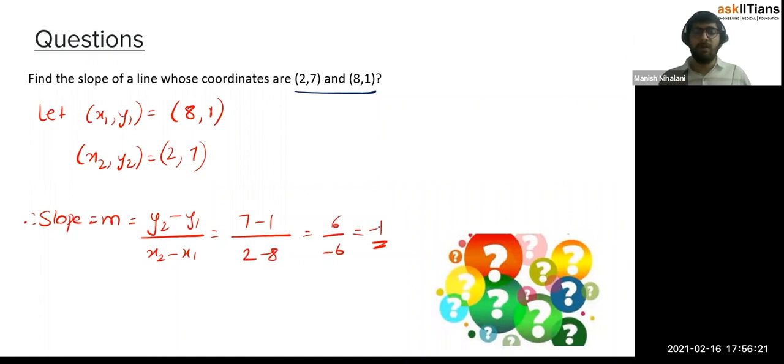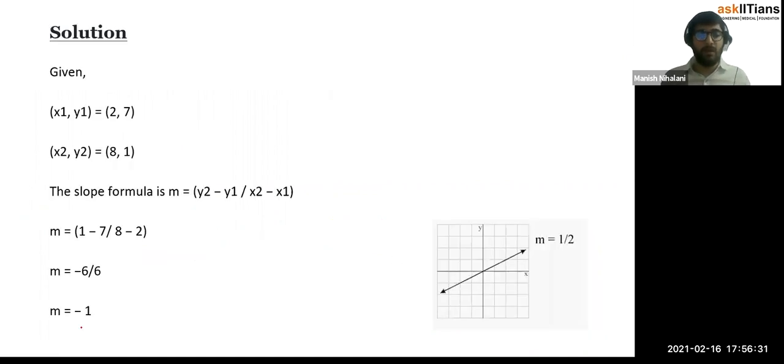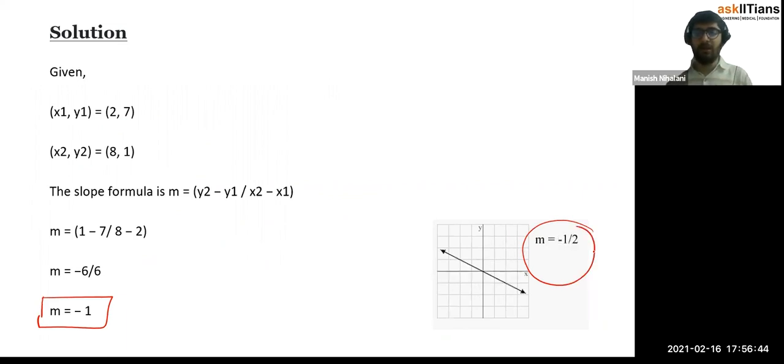So there is a line which has these 2 points on it, and its slope is minus 1. Correct. So you all can see that this is a slope minus 1, right? And you can see that as the m value is changing, the line is changing, it's getting inclined.